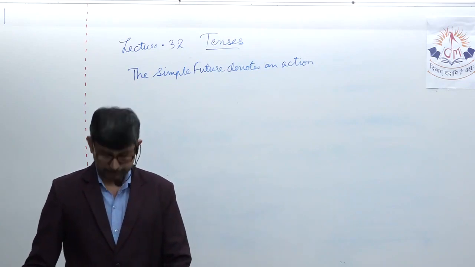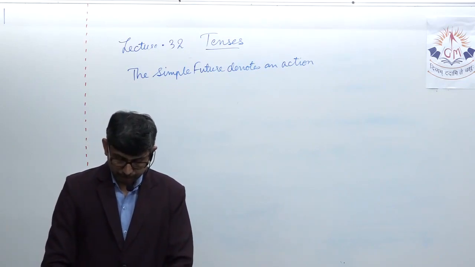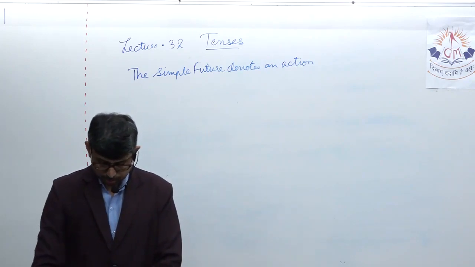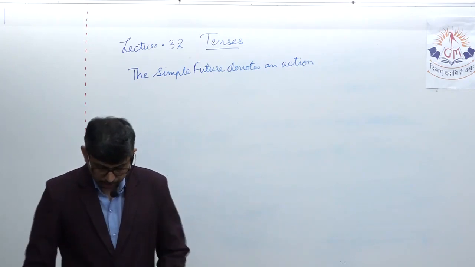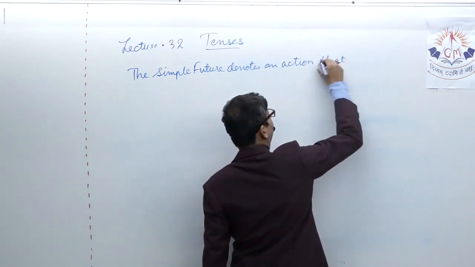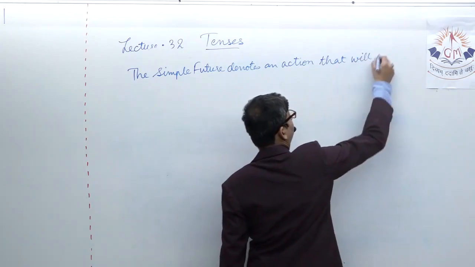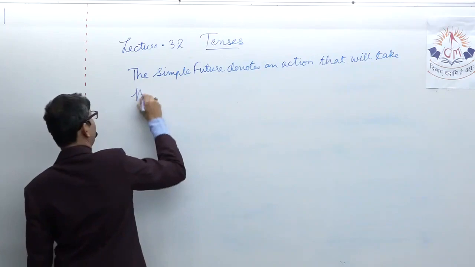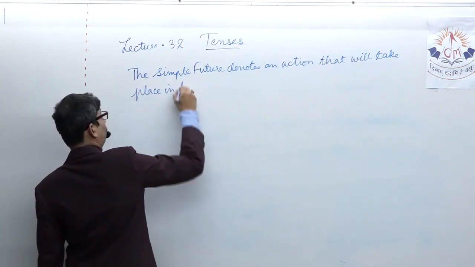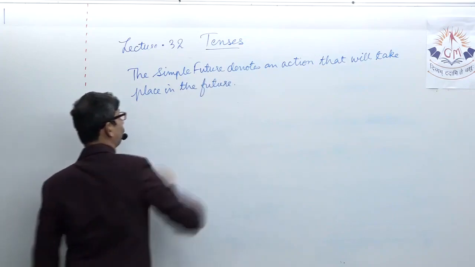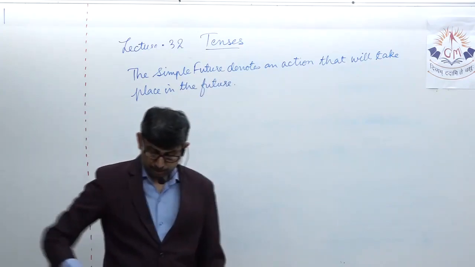So, in the future time, something that has not happened, but it is likely to happen or it will happen. That is what you mean to say. That will take place in the future. Let's take examples for this one.